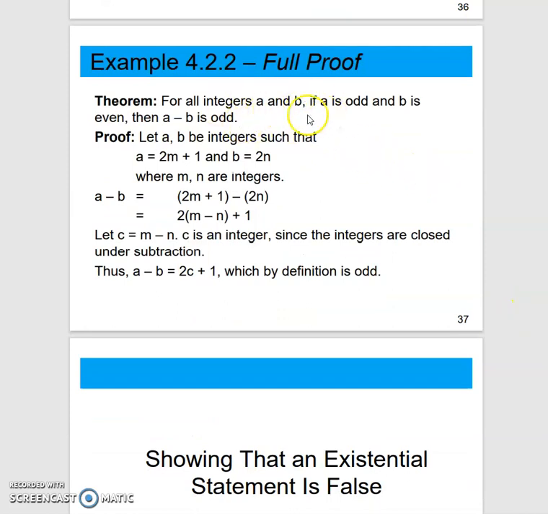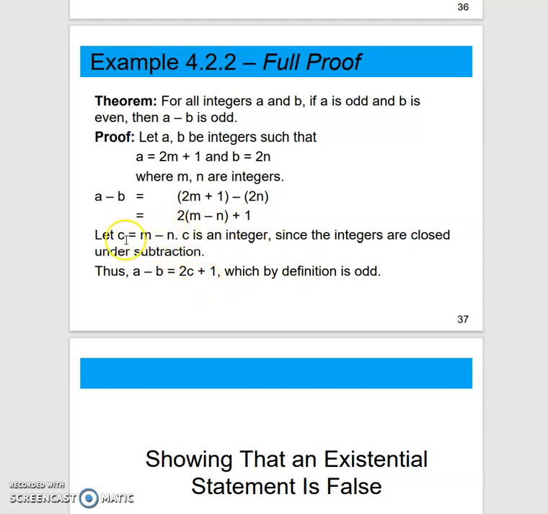Alright, so we talked about that difference. I do have it here. I'm a little out of order, I apologize for that. So I've got a and b are integers where they're odd. You'll notice I've got my definitions, and again, make sure that I'm specifying m and n are integers. So let's actually take that difference, at which point I'm going to reorder this. So I can write it as 2 times the quantity m minus n, and then my +1 on the outside.